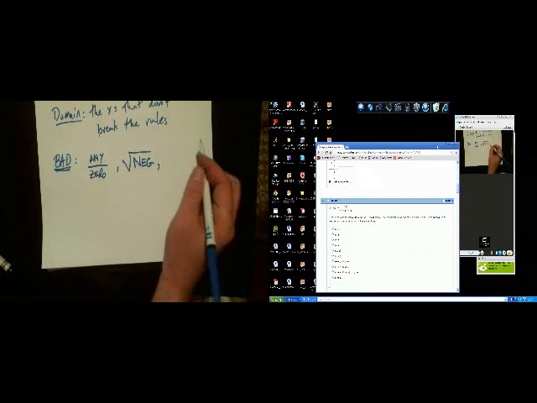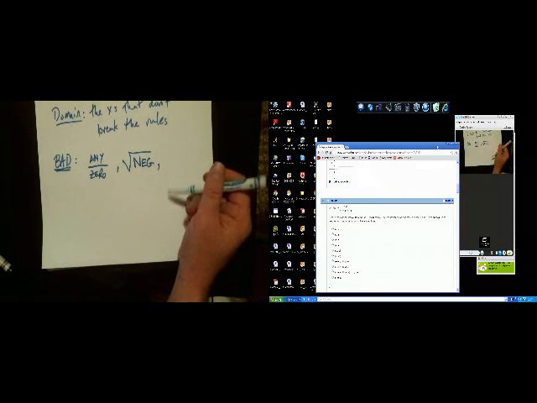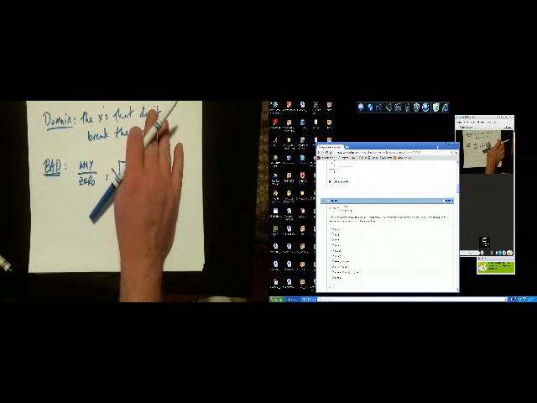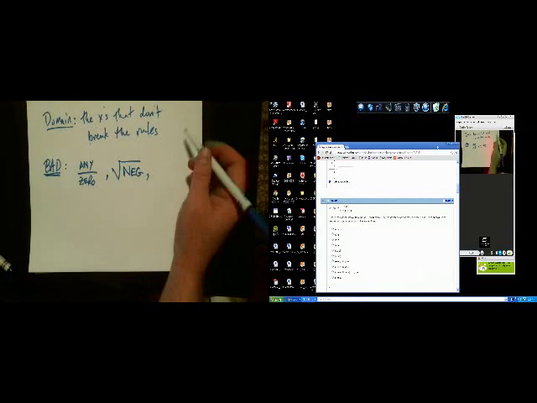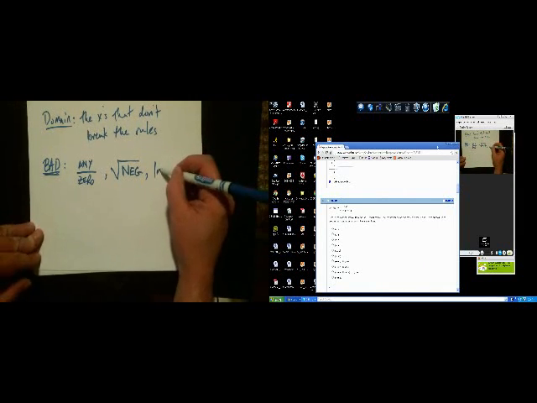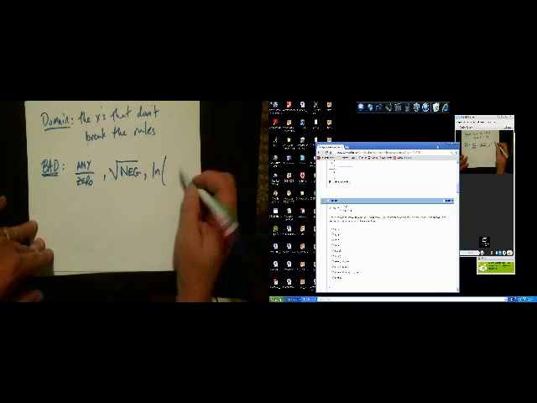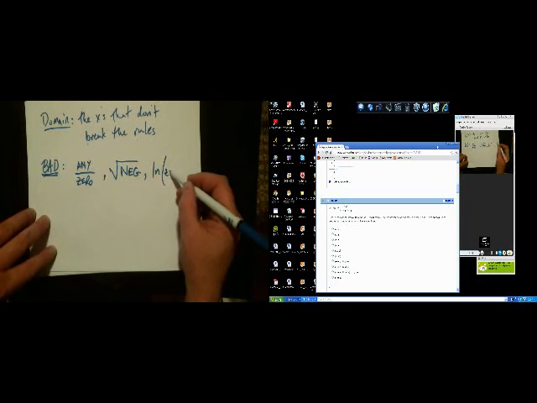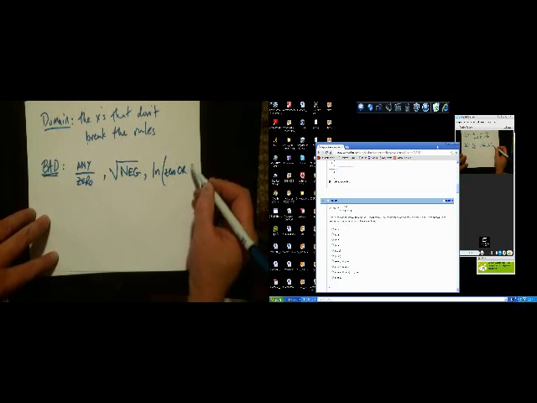And then the last one, I'd have to look at your syllabus for how important this is for you, but you can't take the natural log of anything that is 0 or a negative.